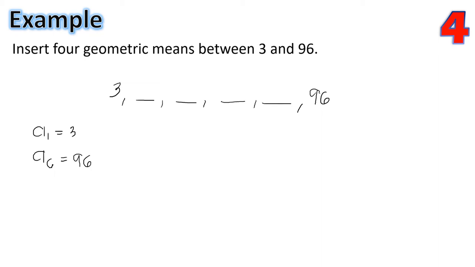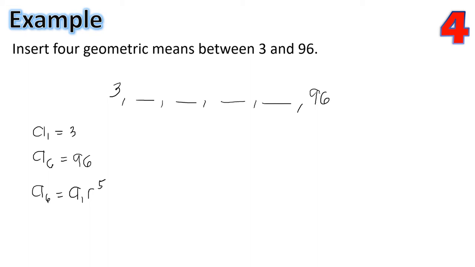We will be able to insert the geometric means between 3 and 96 once we know the common ratio of the geometric sequence. Since we have A sub 1 and A sub 6, we can get the value of R, the common ratio. The formula for A sub 6 is A sub 6 equals A sub 1 times R raised to 5.